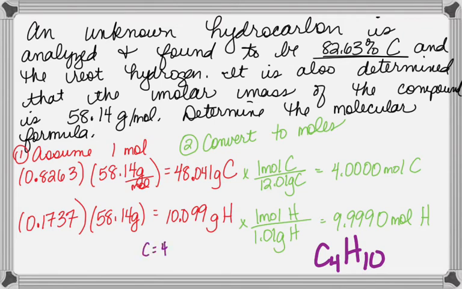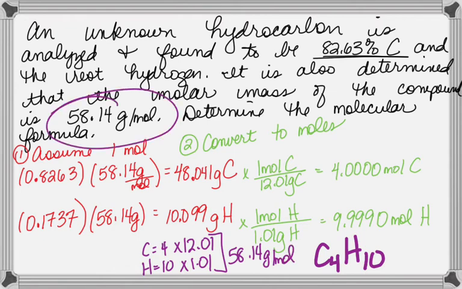There's 4 carbons, there's 10 hydrogens, a carbon's 12.01, a hydrogen's 1.01. When I do the molar mass, I get 58.14 grams per mole. How does that check that our answer is correct? Because that's the number that we were given in the problem, 58.14.